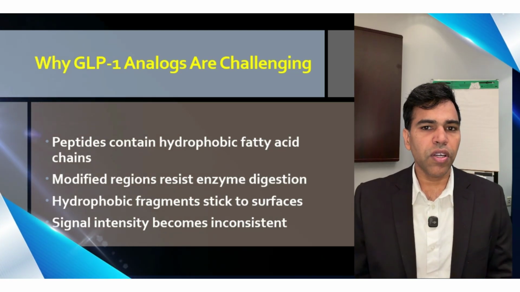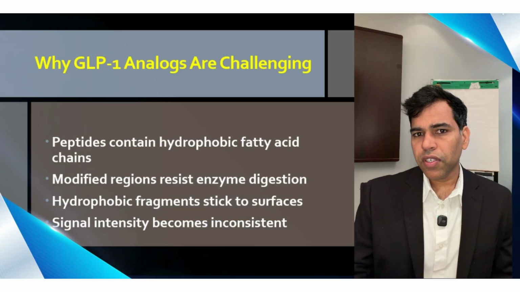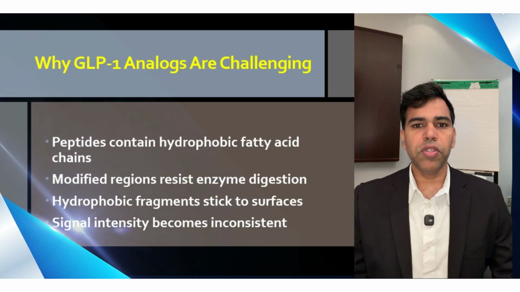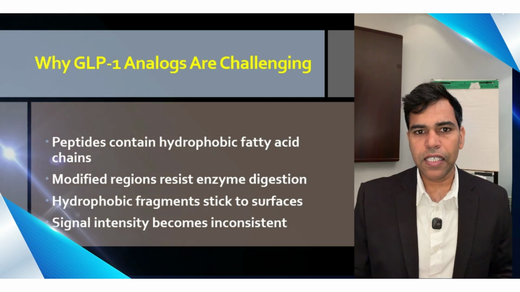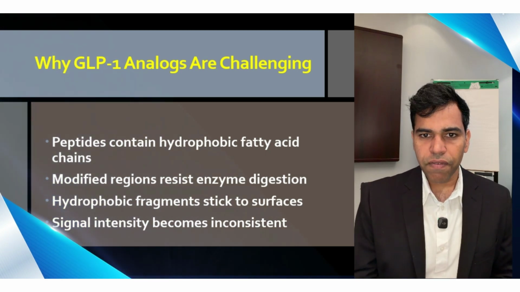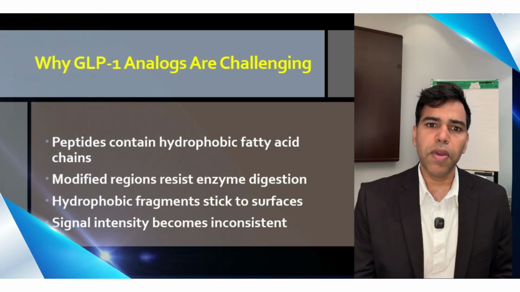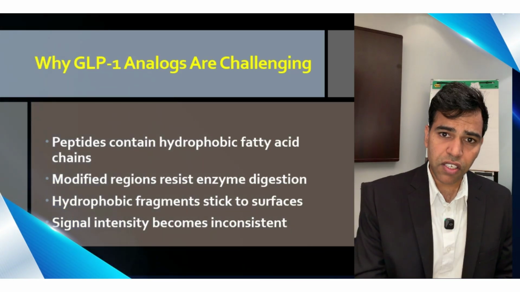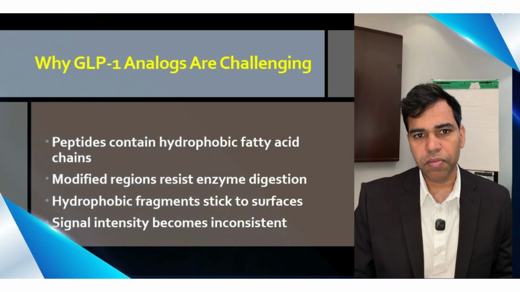Why are GLP-1 analogs challenging? Here is where GLP-1 analogs diverge from standard therapeutic peptides. The fatty acid chains that extend their half-life, the same chains that make them therapeutically effective, create real problems in the analytical lab.